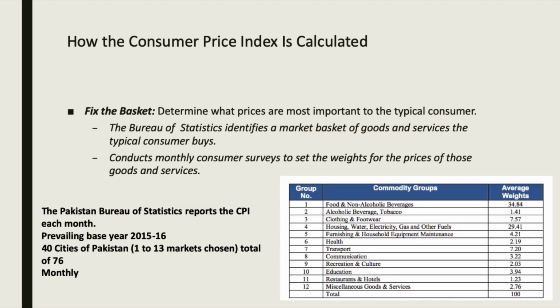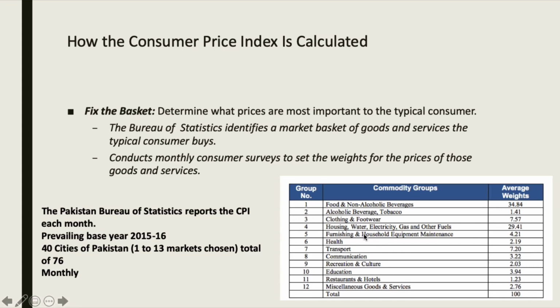The first step of calculating CPI is coming up with a list of items that a typical Pakistani would be using. The Statistics Bureau carries out surveys and finds out different things that typical consumers use and comes up with a list of things.